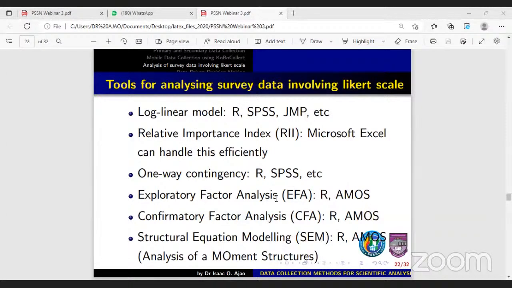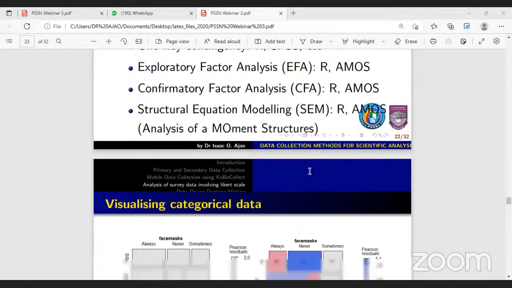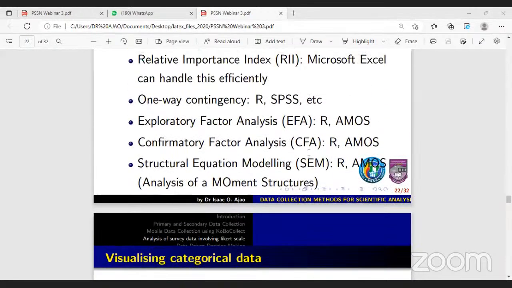Then we have CFA, that is confirmatory factor analysis. R and AMOS handle this efficiently also. Then we have the popular structural equation modeling. R does it, and AMOS also does it. I'm going to show us how AMOS does that. Structural equation modeling finds relationships among items in our questionnaire, or a particular response variable.